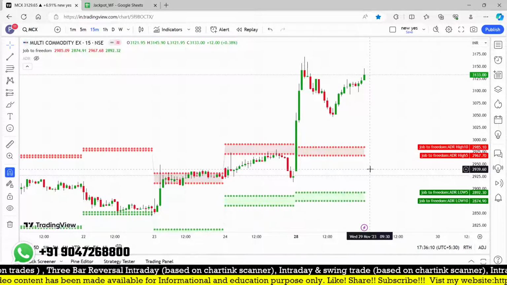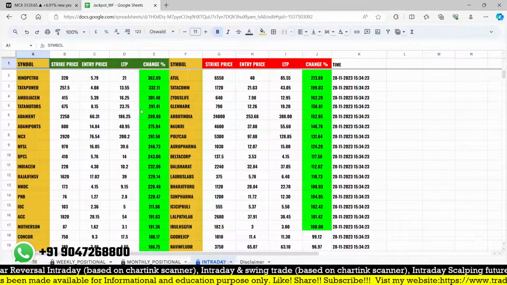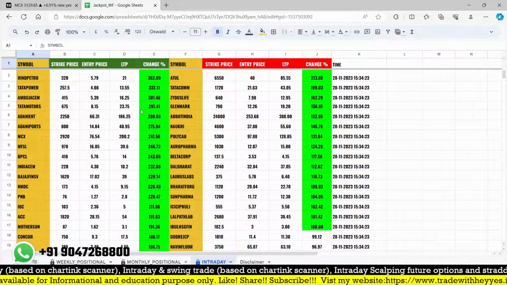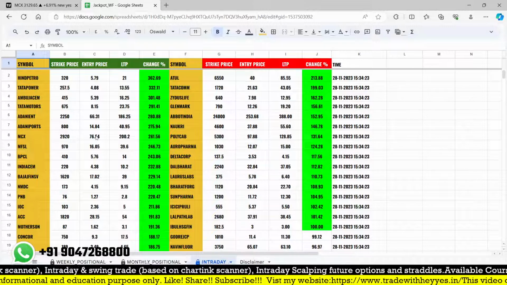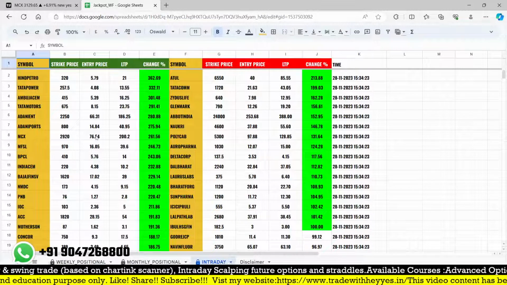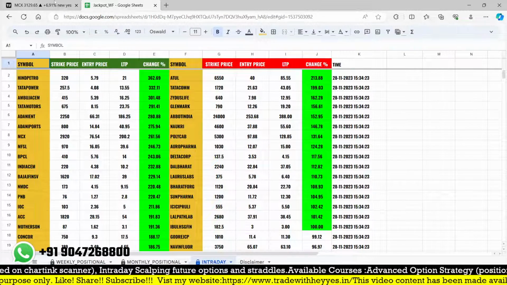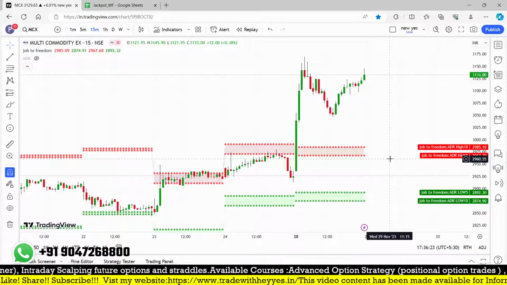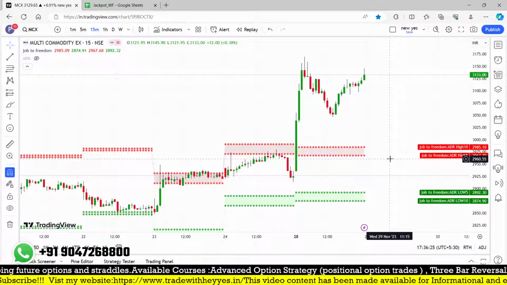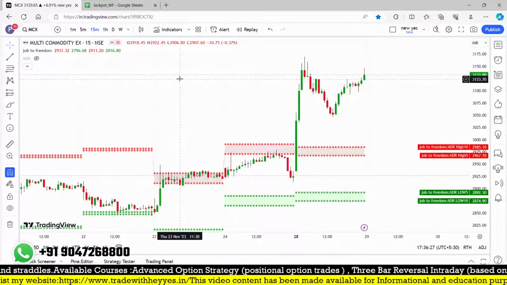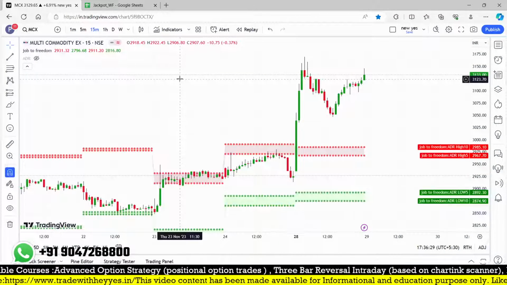Such an intraday profit we can look for if it is created by this scanner. Some of the stocks I forgot, I don't remember, I saw it was not moving to that level. The MCX, that was looking good.